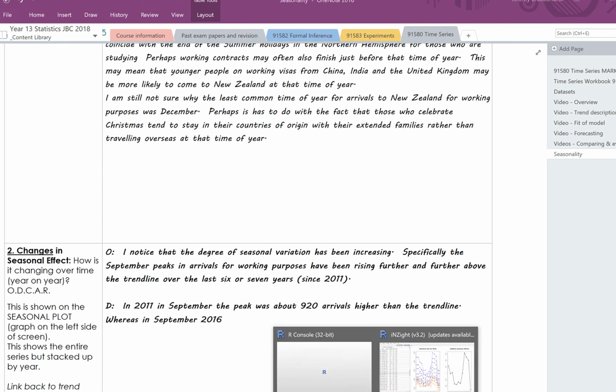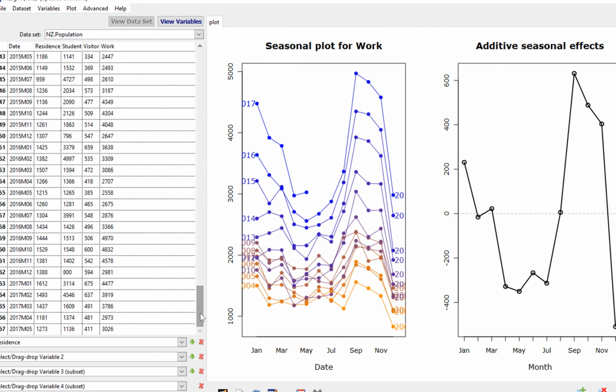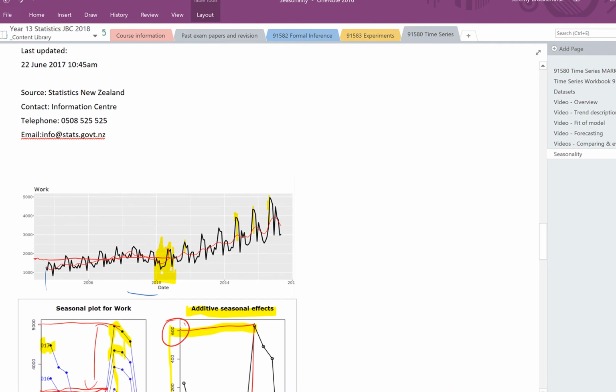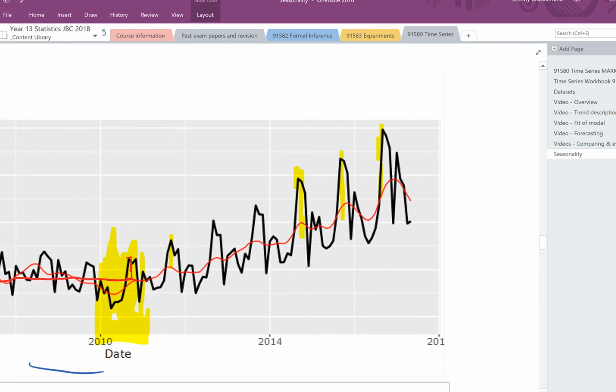we see, let's have a look. So in September 2016, the actual figure was 4,970, but the trend at 2016's peak, if we look at that, so it's about here, wasn't it?